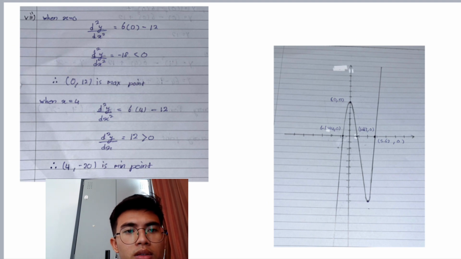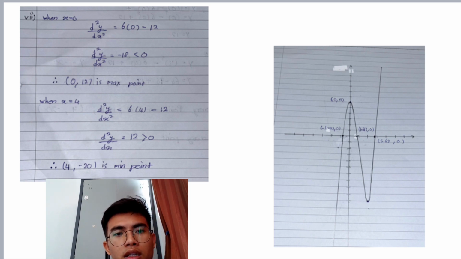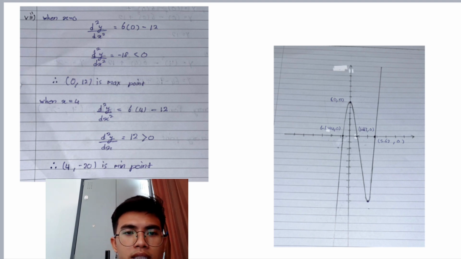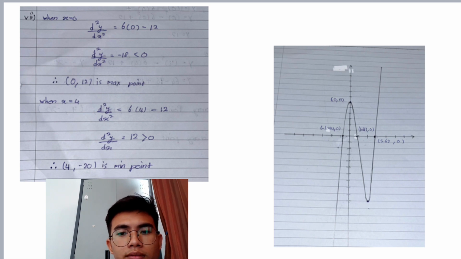We differentiate the 3x squared minus 12x, and it will be 6x minus 12.